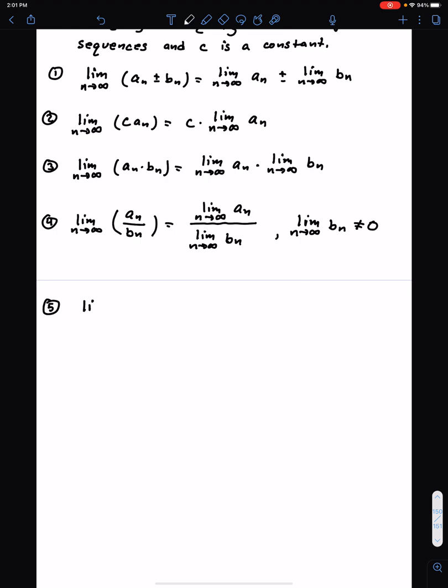The limit as n approaches infinity of a sub n raised to some power p is equal to the limit as n approaches infinity of a sub n, raised to the p, if p is positive and a sub n is non-negative.